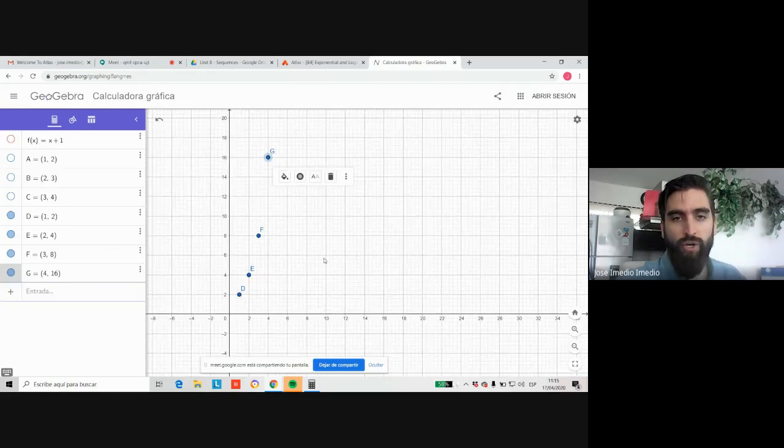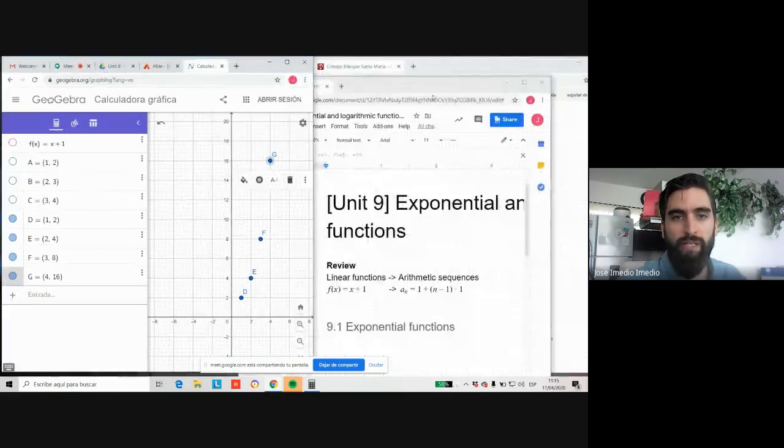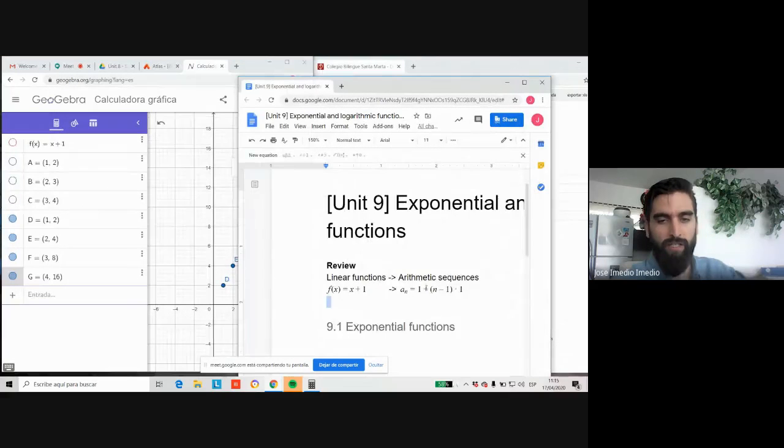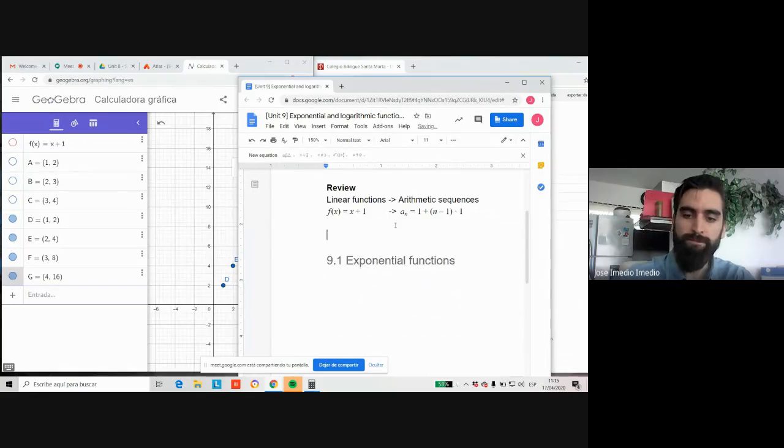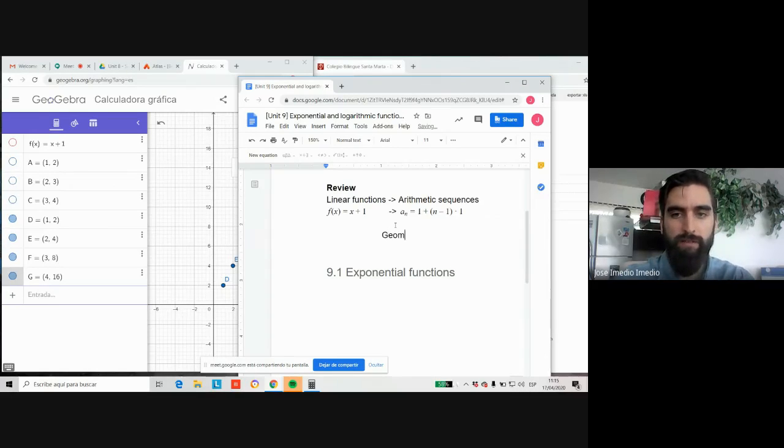As you know, that is a geometric sequence.